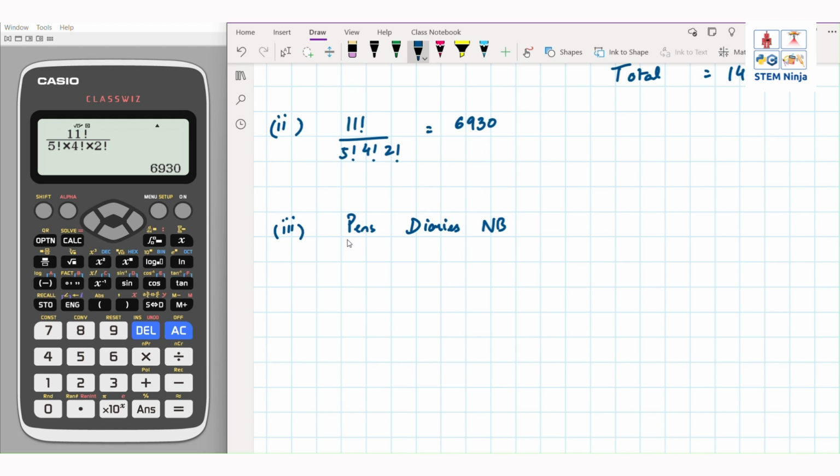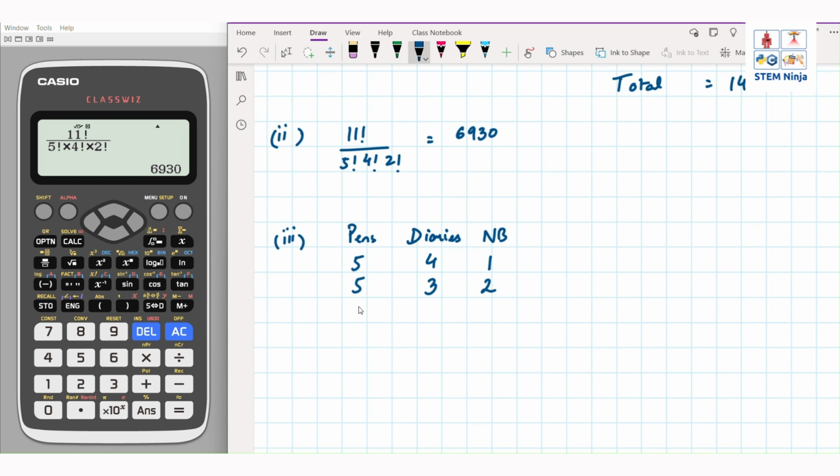Let's say we have 5 pens, 4 diaries, and 1 notebook. Or let's say we have 2 notebooks, 3 diaries, and 5 pens.